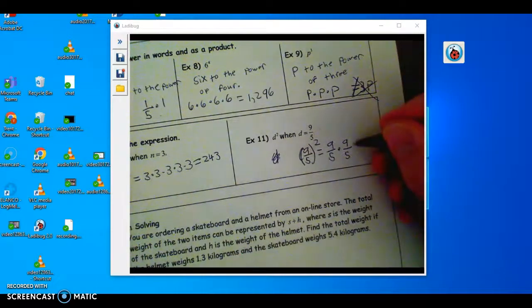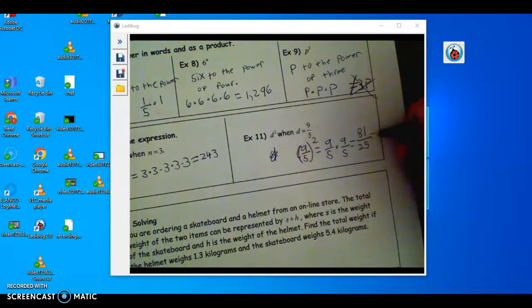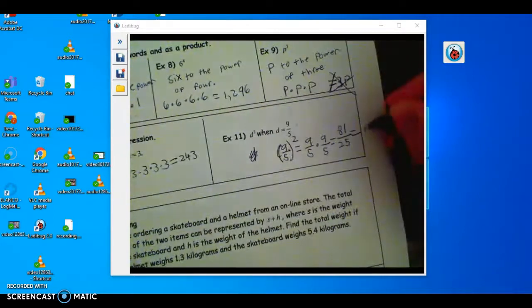Multiplying fractions is very simple. You just multiply the top and the bottom. 9 times 9 is 81. 5 times 5 is 25. So that's our answer. If you solved it as a decimal, that would have come out to 81 divided by 25, 3.24.